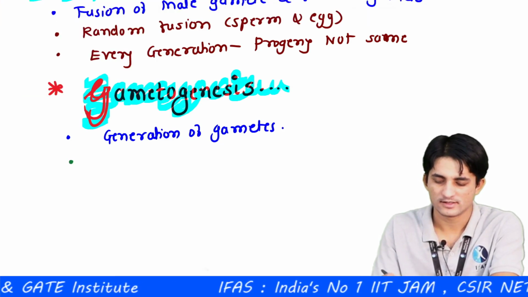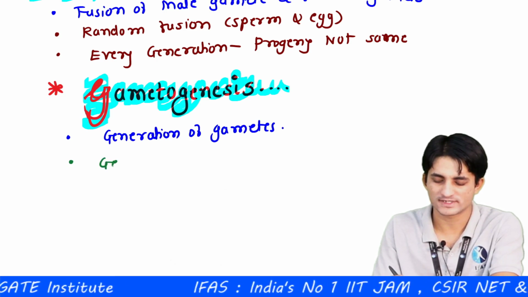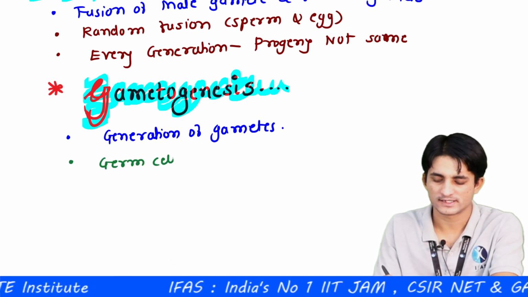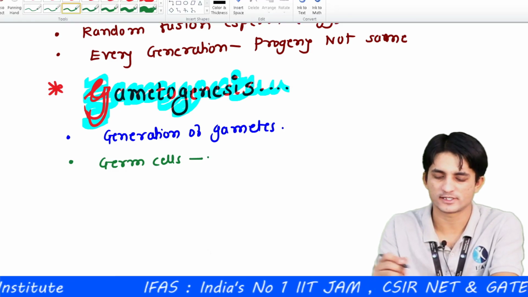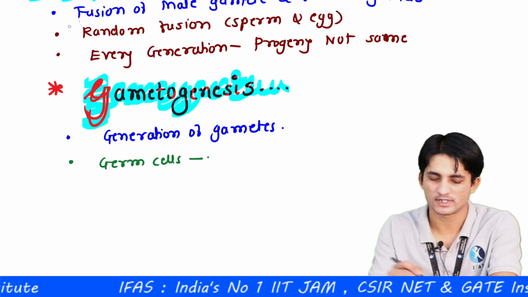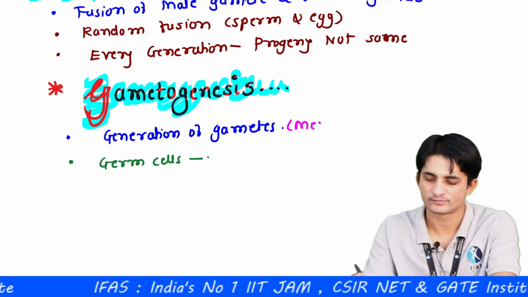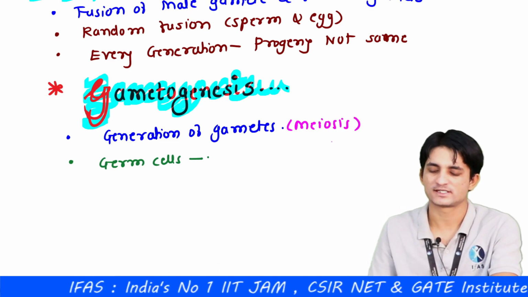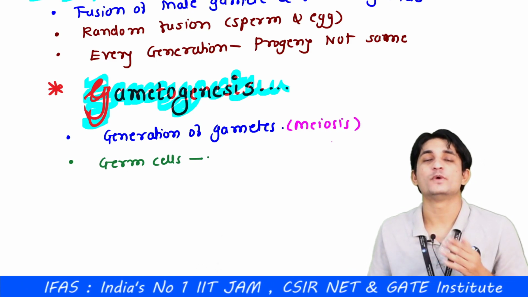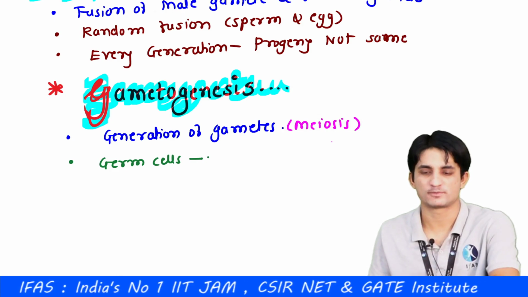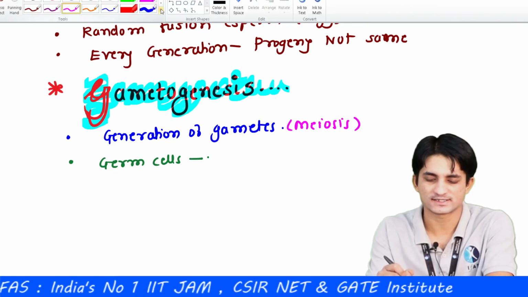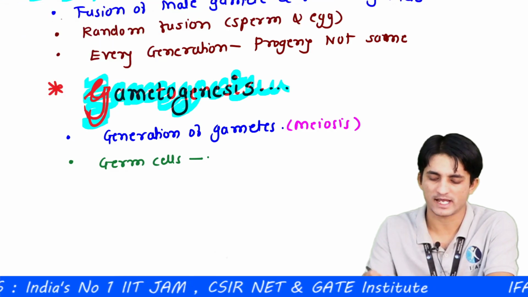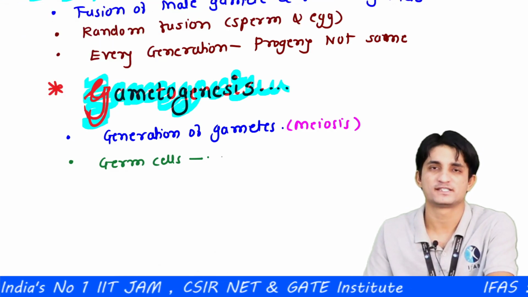So here the meiosis process plays the major role, and generation of gametes is through the process of meiosis. So through meiosis gametes are generated. Now which cells participate in gamete formation? The major cells that participate in gamete formation are called germ cells.